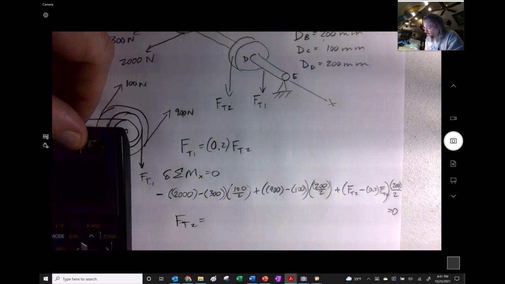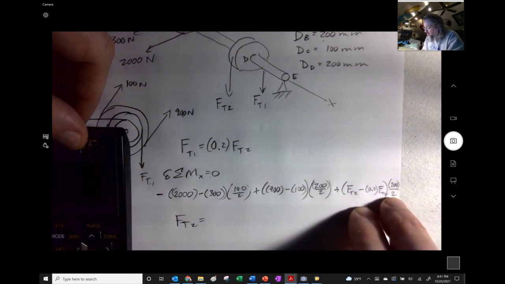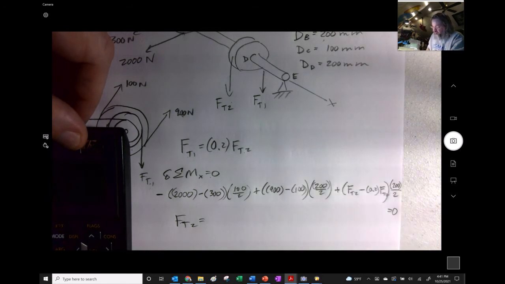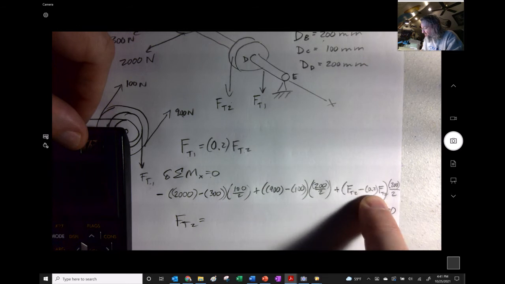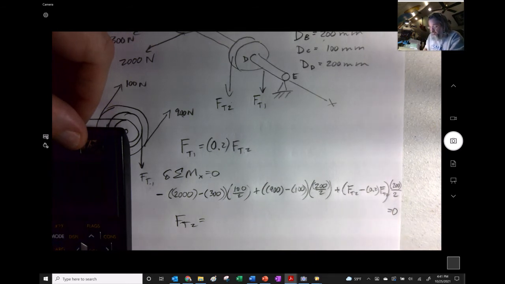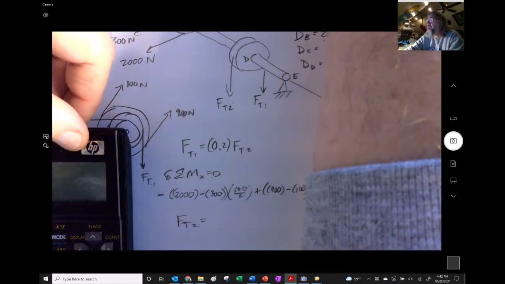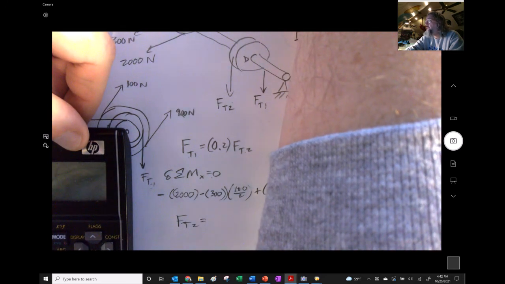And what's left, we're going to divide by 100. Boom. But we're going to divide it by 0.8. And I hope I got the right thing. Let's see. Did I get the right thing?